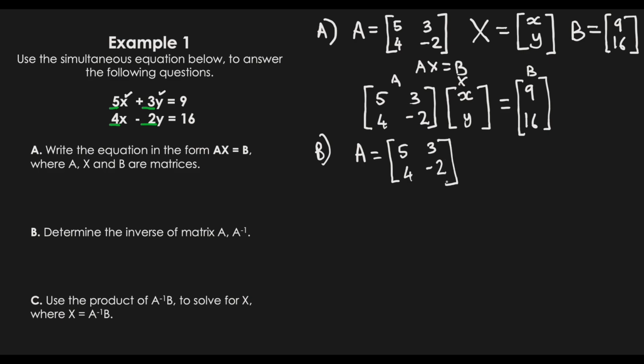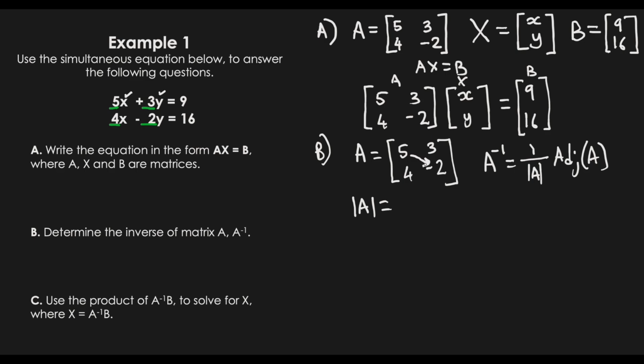Now in order to find the inverse of a matrix, which would be the same as A to the power -1, we have to find 1 over the determinant of A, and we have to multiply that to the adjoint of A. We always try to find the determinant first so we don't mix up the adjoint of A with A and get the wrong determinant. So the determinant of A would be equal to the crisscross, like I like to call it.